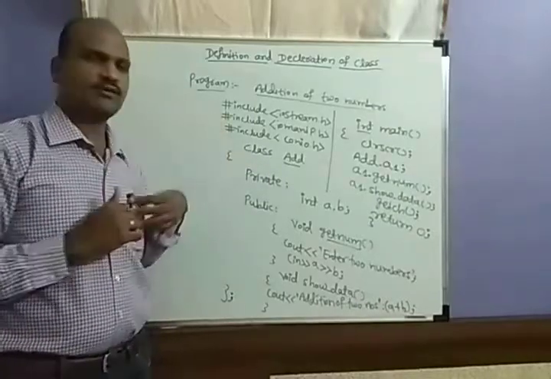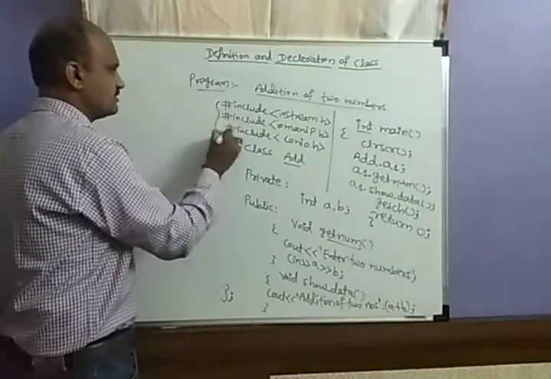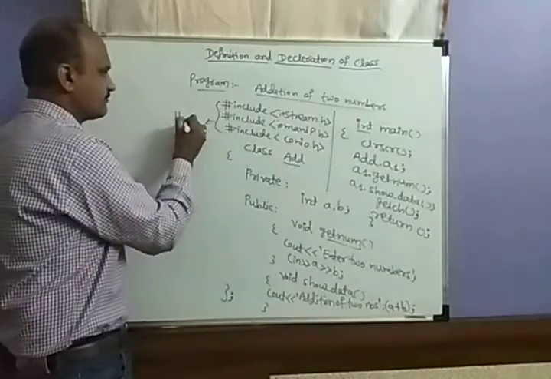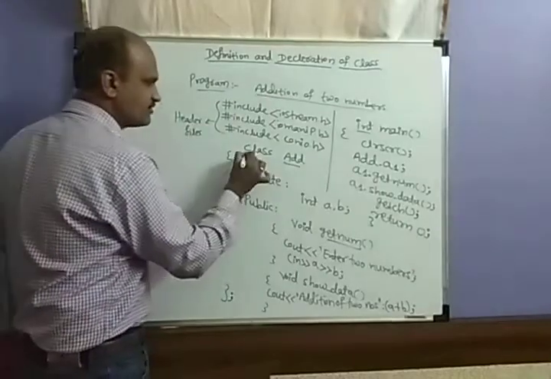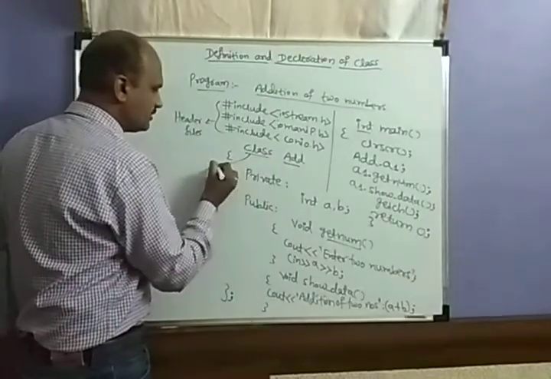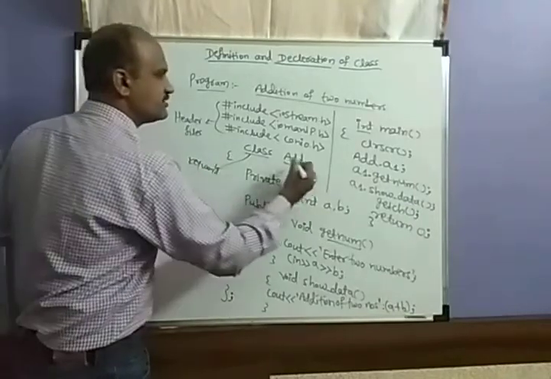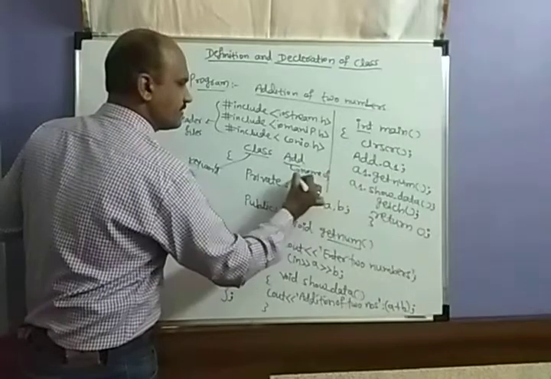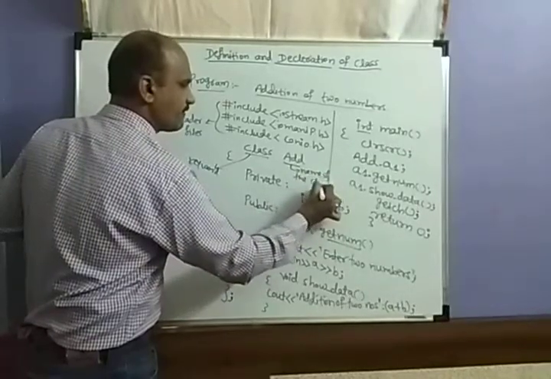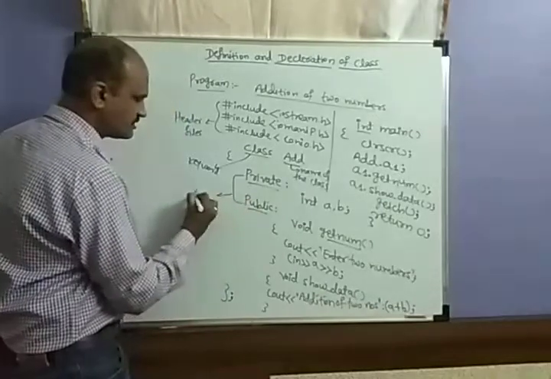So this is a simple example of how exactly classes are used. First you should write the header files. As I told you, class is a keyword, and this is the name of the class. Then private and public are the access specifiers.